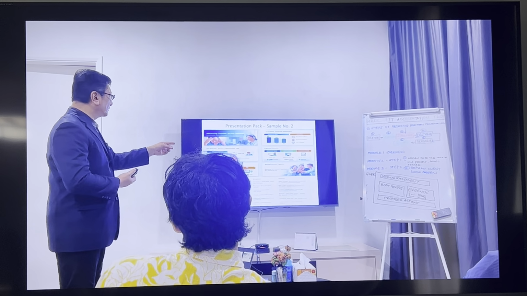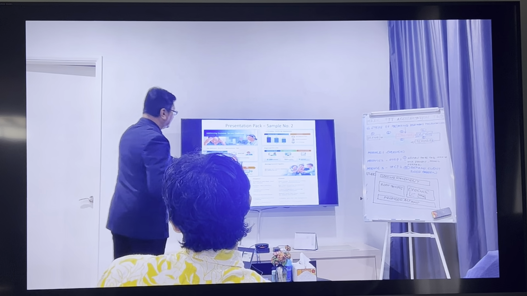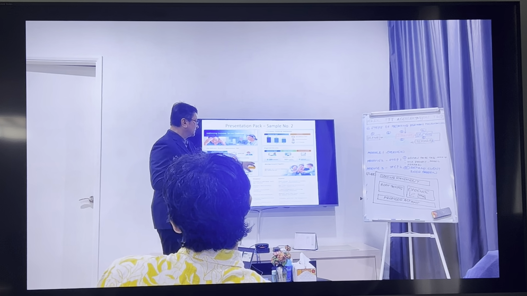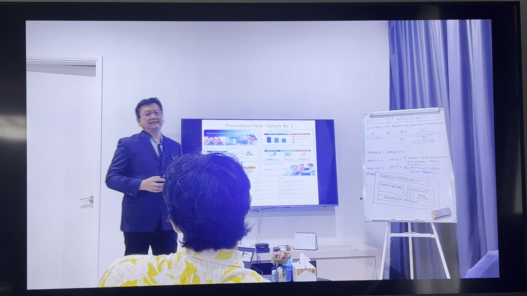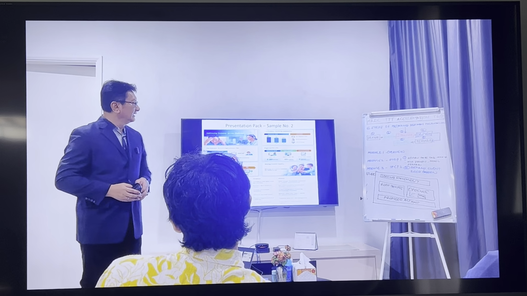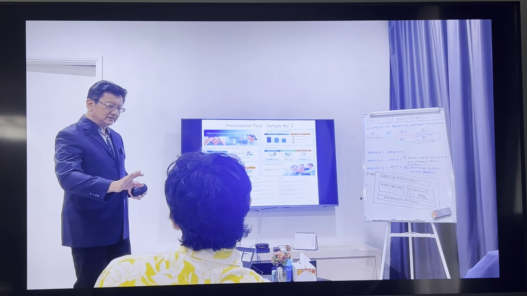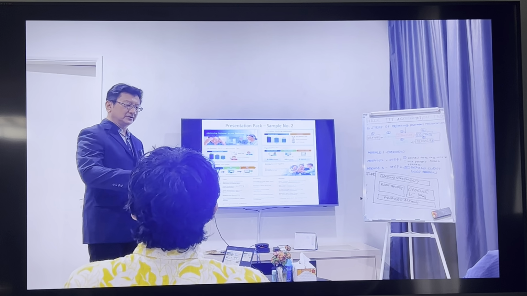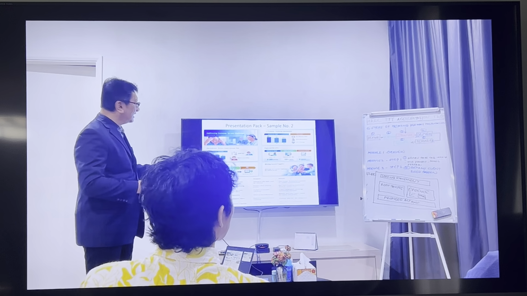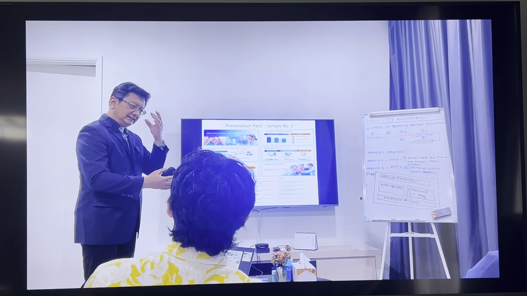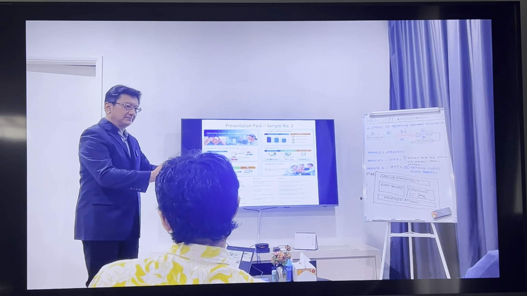And then moving forward together is basically elevating our customer experience for lasting success. Okay? So now you can see how we design our slide based on the format.